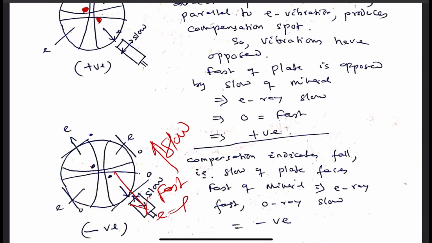So E is fast, O slow. So this will be negative. So we should simply remember that whether the pushing direction is fast or slow, accordingly we will decide.